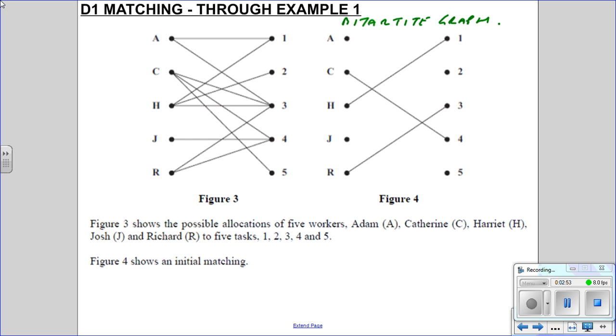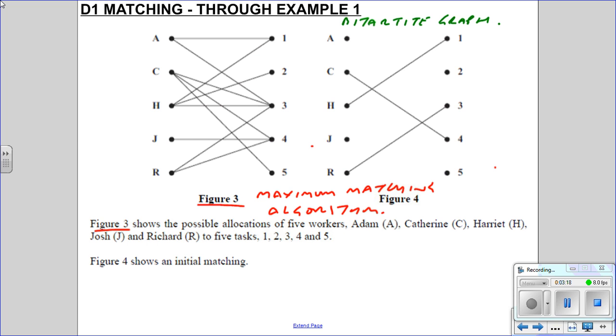Well, let's have a look at it. So, figure 3, we're just going to learn this through example. And like I say, it's called the maximum matching algorithm. The idea of this is to allocate all tasks to all people.